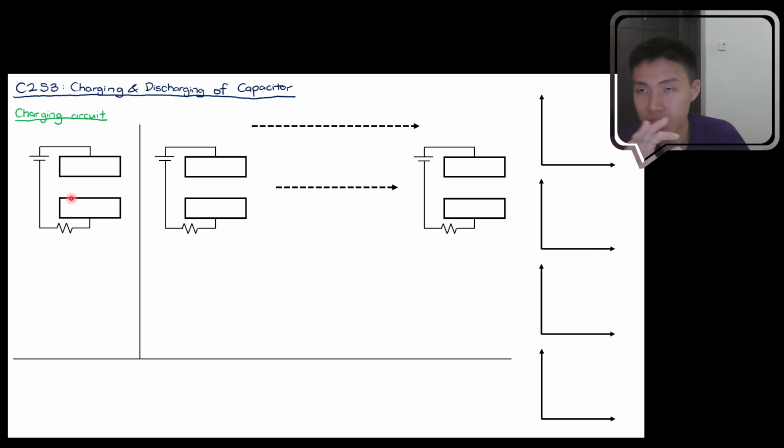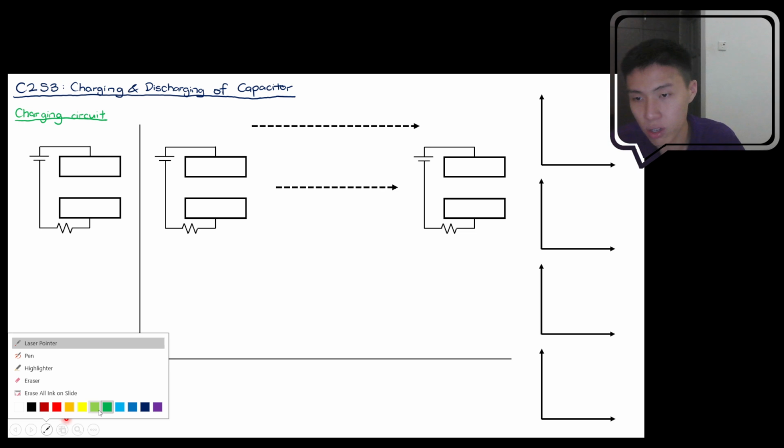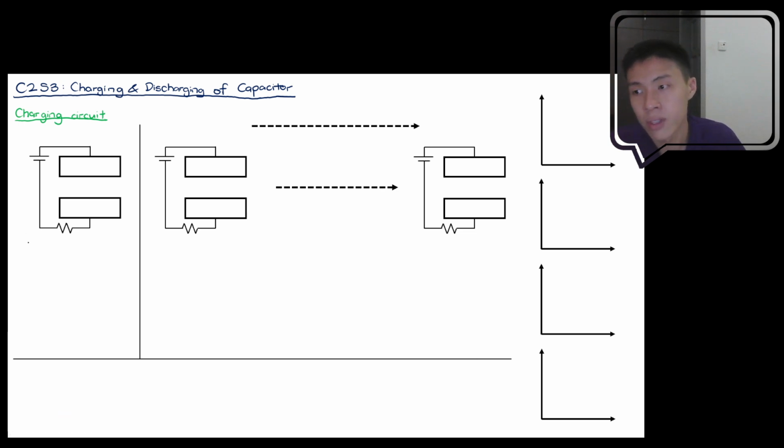So by that discussion, the battery is the energy supplier, and the capacitor and the resistor, these two components, are the energy consumers or energy receivers. From that, we can come to a simple logical statement: the supplier is the battery, and the receivers are the capacitor and the resistor.